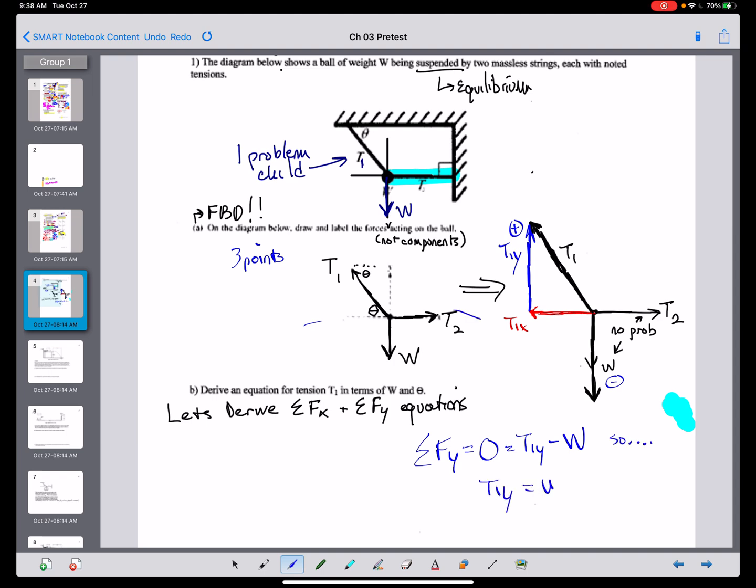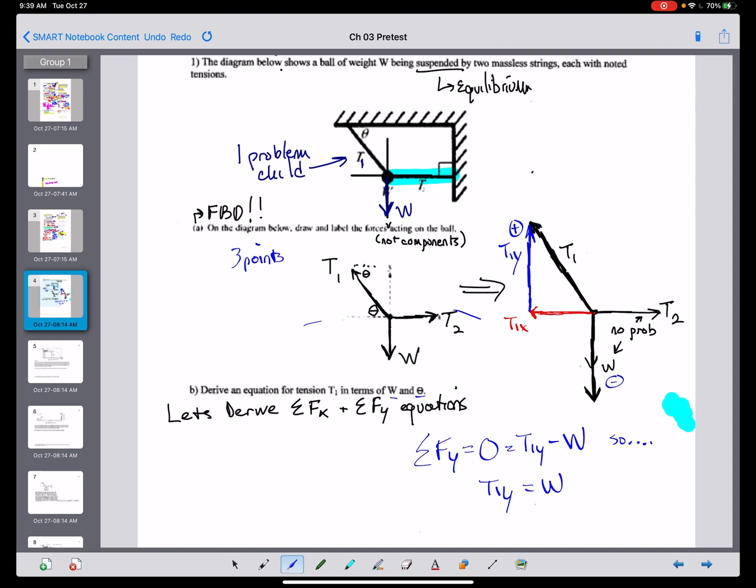T1Y equals W. Okay. Now, notice we want to derive an equation for tension 1 in terms of W and theta. So T1Y equals W. Let's plug in.